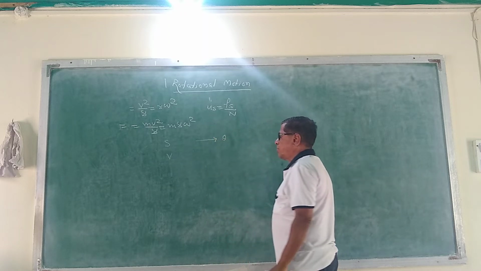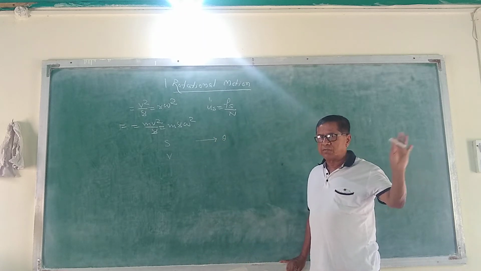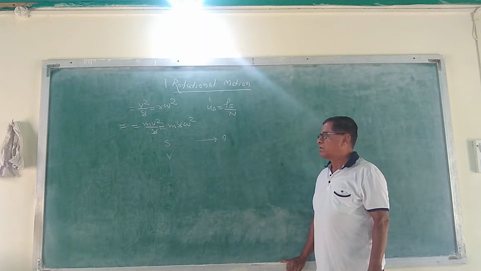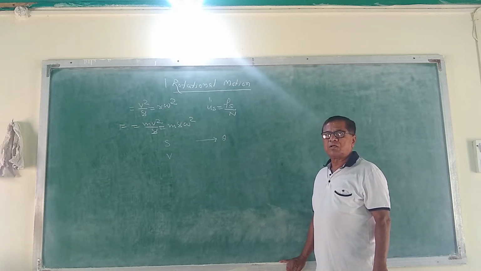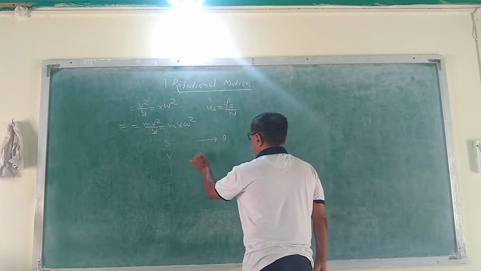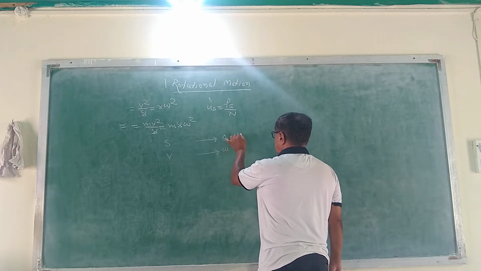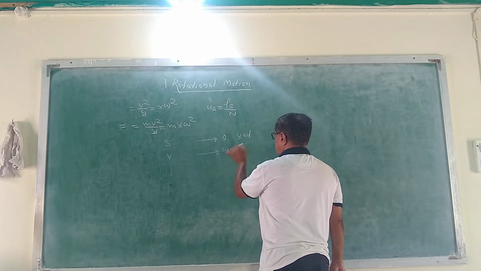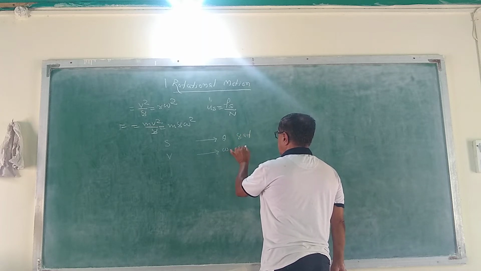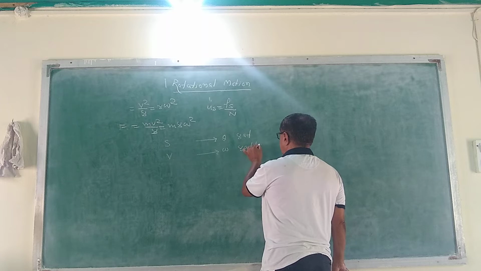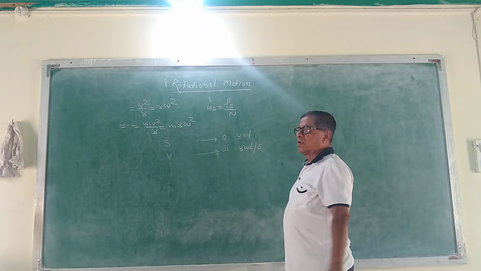The angular displacement is measured in radian. Then the velocity in rotational motion is called the angular velocity, taken as omega. Theta is measured in radian, and omega is measured in radian per second. That is the angular velocity.